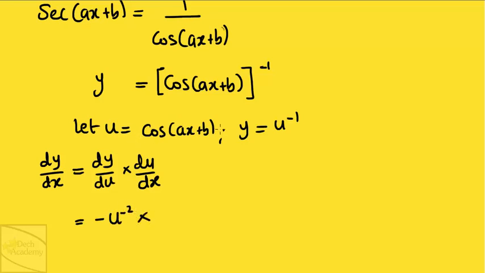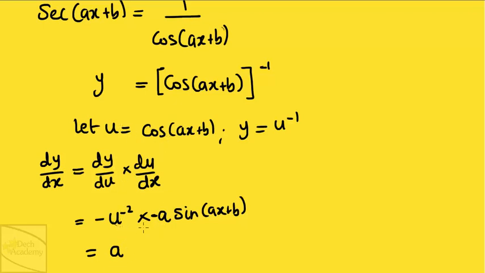Well, we have cos(ax plus b), so we have the cosine of a function of x. So to differentiate this, you first differentiate the function of x, which gives a, and you multiply it by the sine of the function of x, ax plus b, and of course there was a minus sign, and this gives a. What is u?